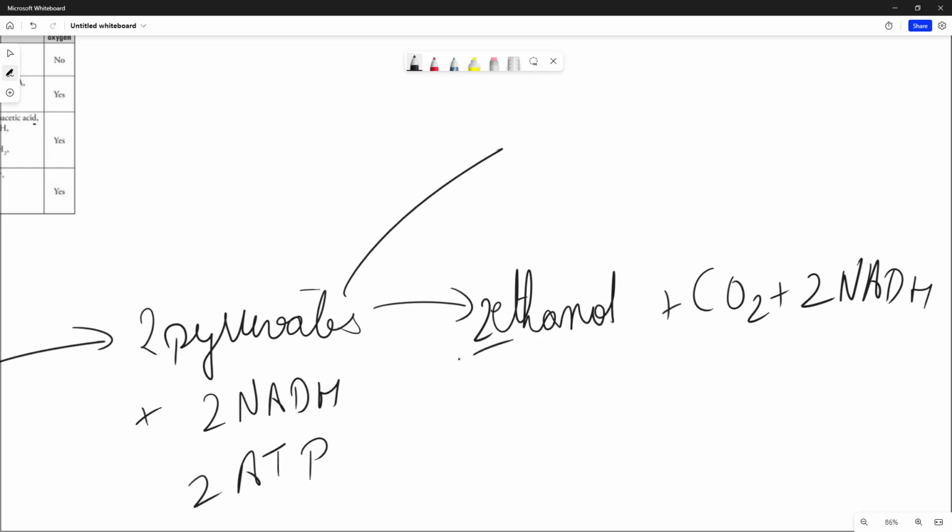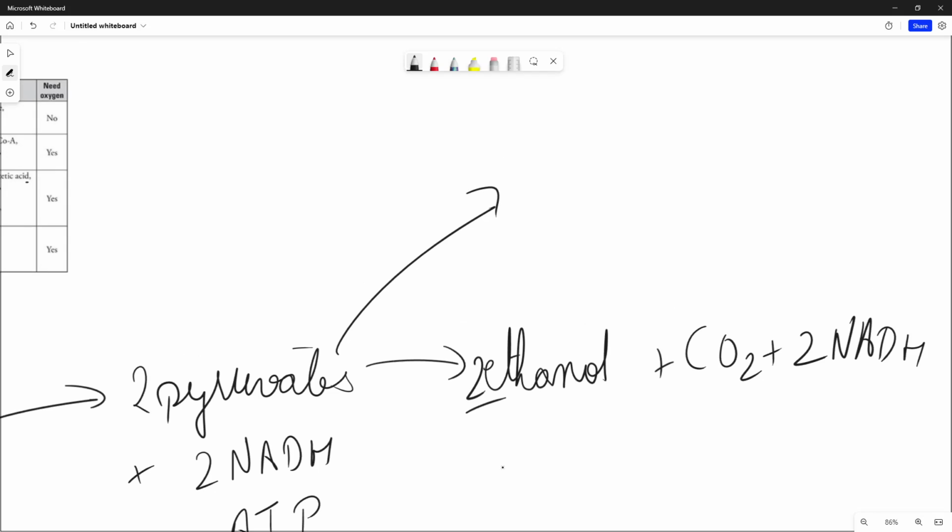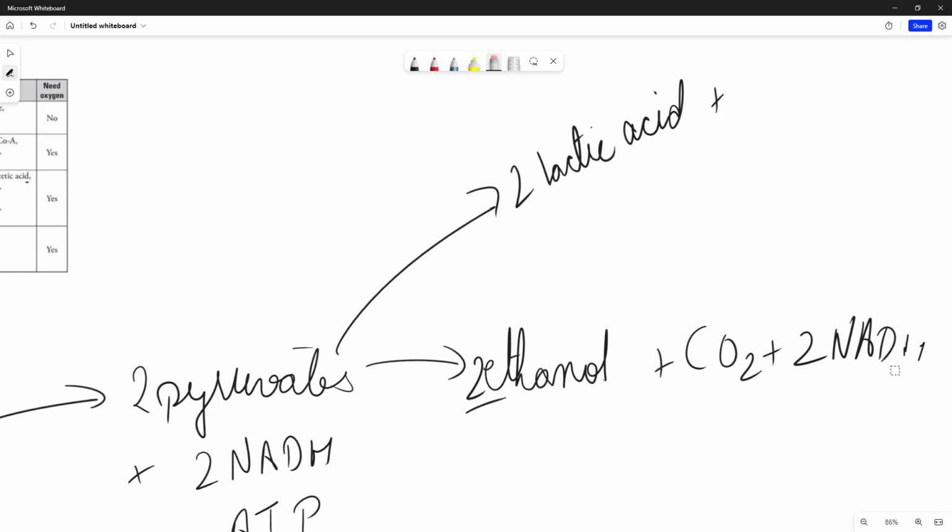Or it may produce lactic acid, specifically 2 lactic acid plus 2 NAD+.